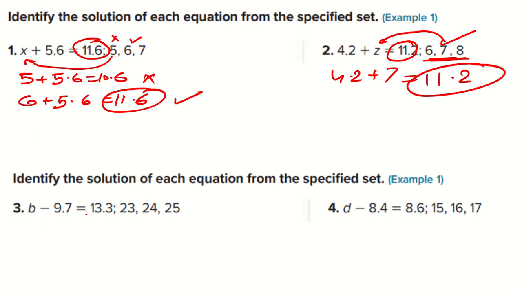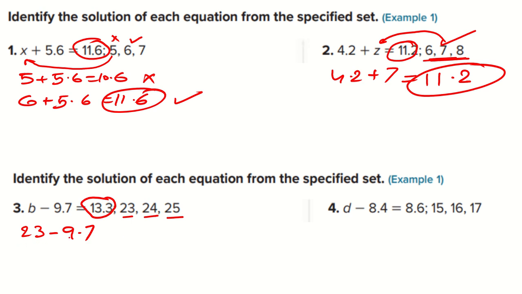Now identify the same type of question. Here you see the numbers are 23, 24 and 25. And what we need on the right hand side? 13.3. Okay, now let's try to understand. 23 minus 9.7. Now everyone, please try to understand.